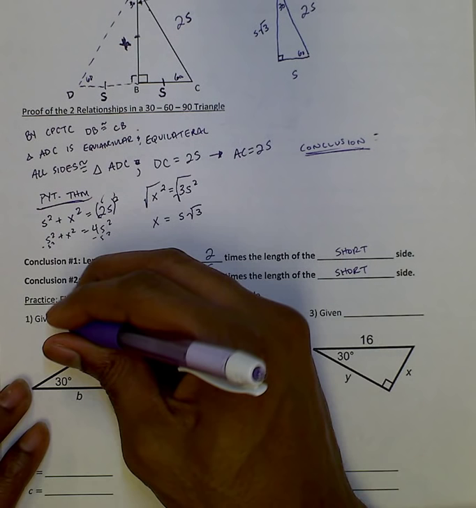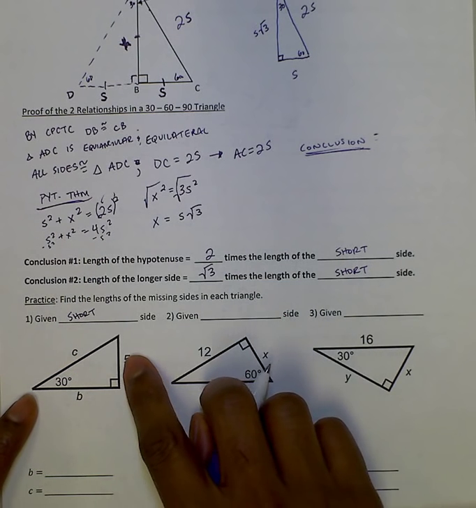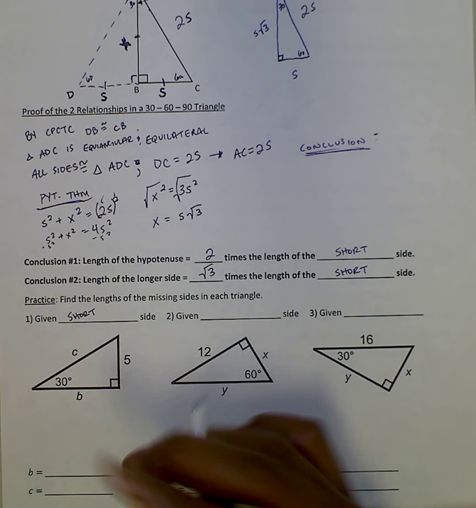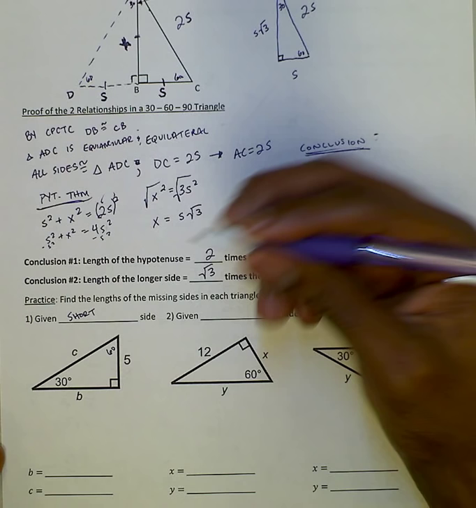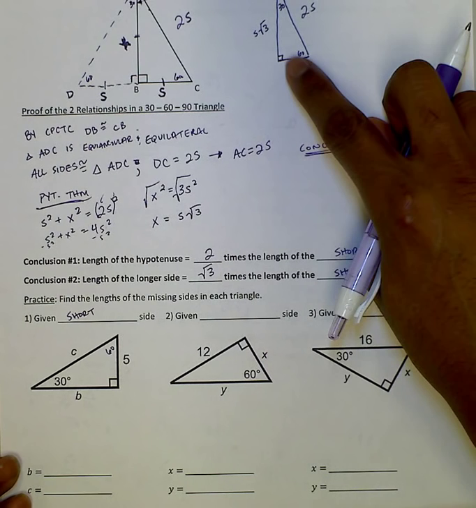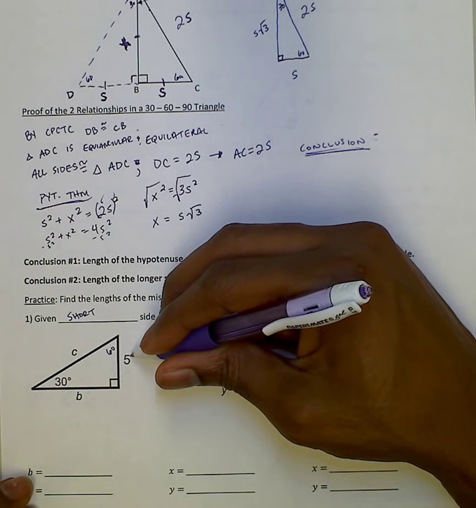You can be given the short side, like this problem here. We're given the short side, we know because it's across from the 30-degree angle, and we find the other two sides. Again, you'll have to remember this triangle so that you can use it quickly. It makes it a little bit faster than using trig.